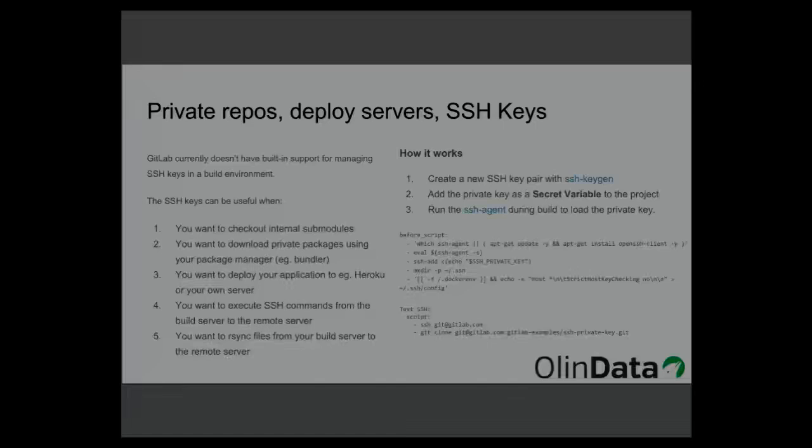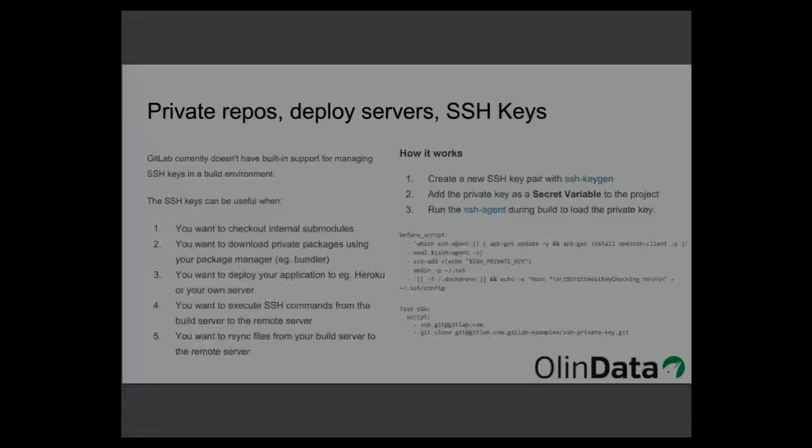It only has the specific commit that you are testing at that moment. So if you want to do things with, in this case, SSH, for instance, private repositories, then you'll have to get a bit creative to be able to get that working.